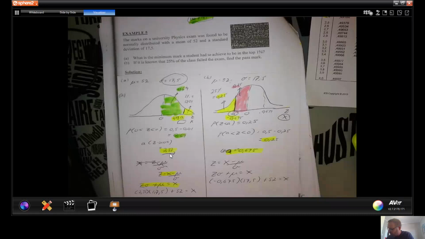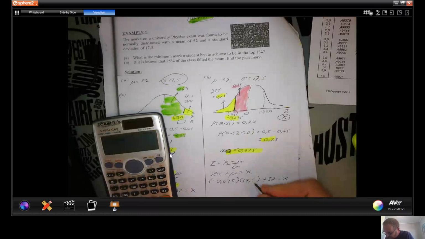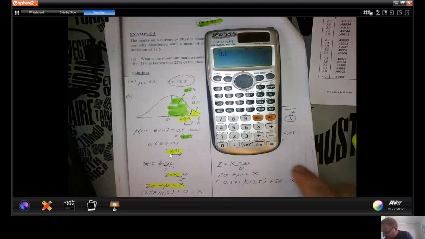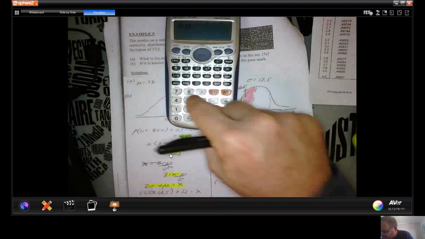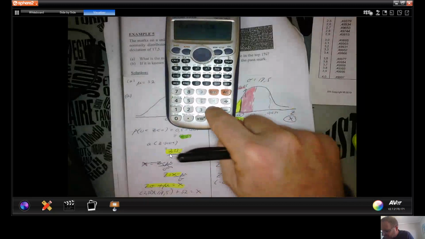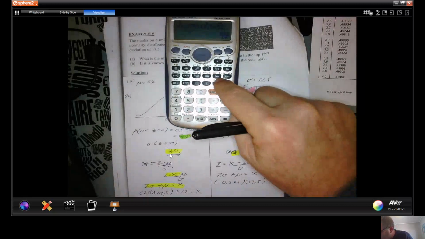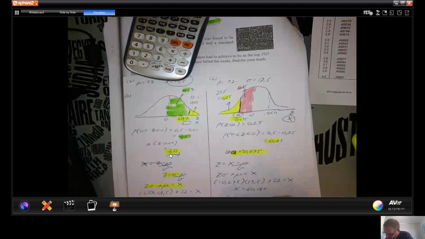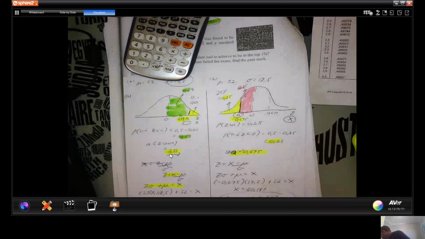Okay, so if I want 25% of the class to fail, then the fail mark must be equal to negative 0.675 times 17.5 plus 52. Voila. And we get 40.18. So X is equal to 40.18%. So your fail mark is going to be approximately 40%. Anyone who gets 40% or below, okay, unlucky, they fail.